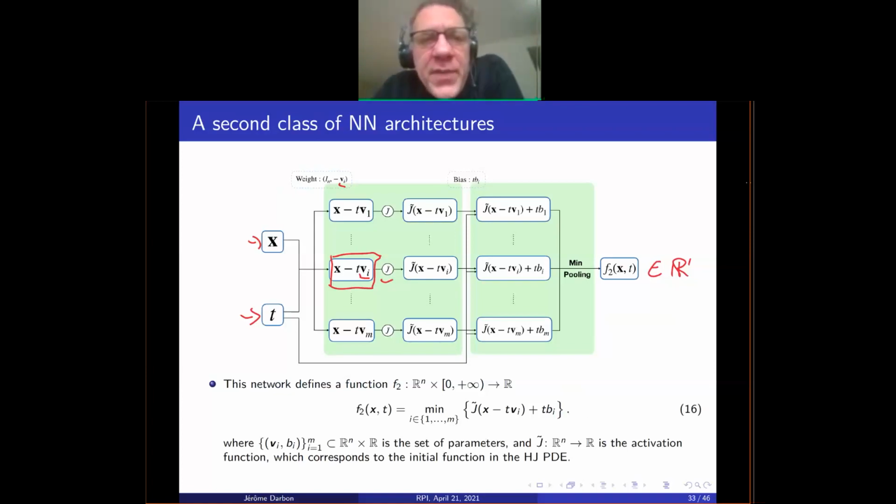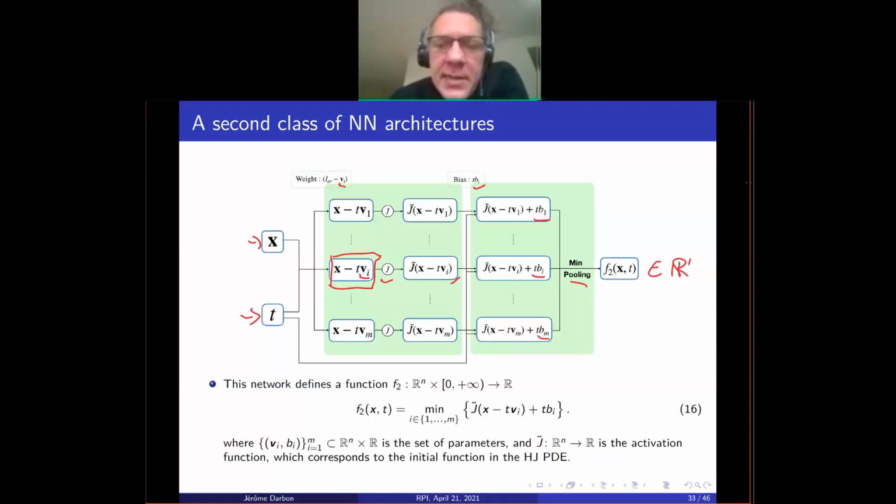Then I consider the activation function that I call here J tilde, that gives me those quantities, J tilde evaluated at x minus t times v_i, and I shift this quantity by t times b_i, where b_i is another parameter of the neural network, and again I take the pooling.